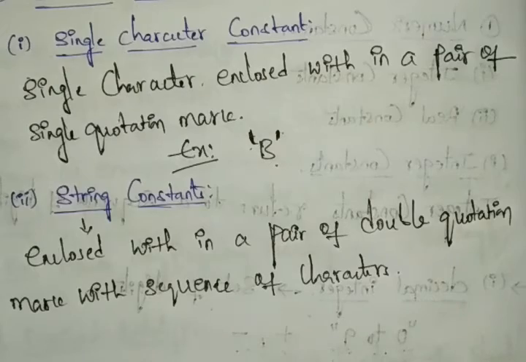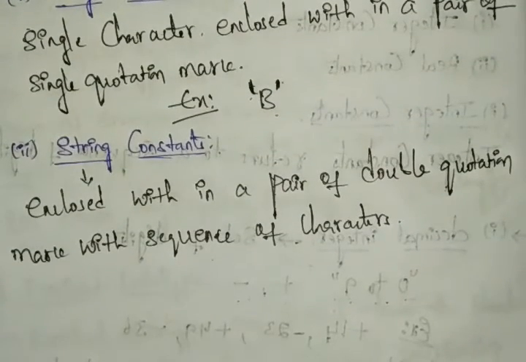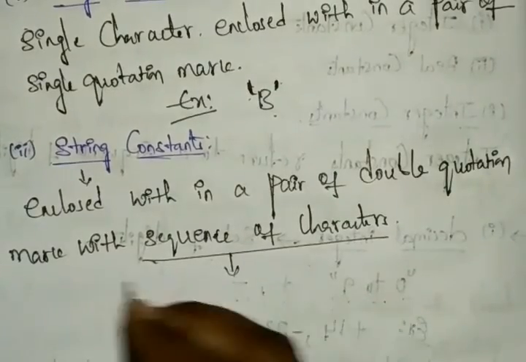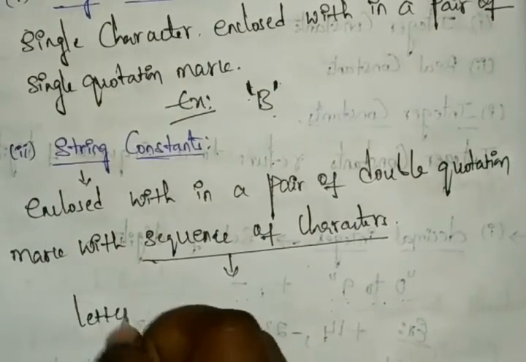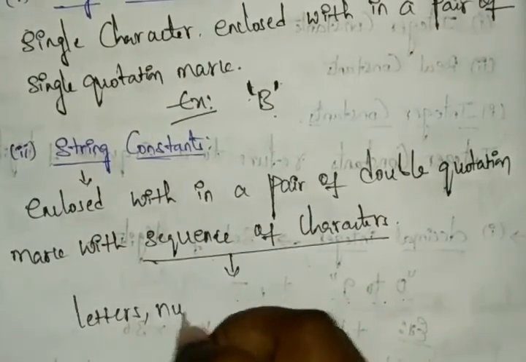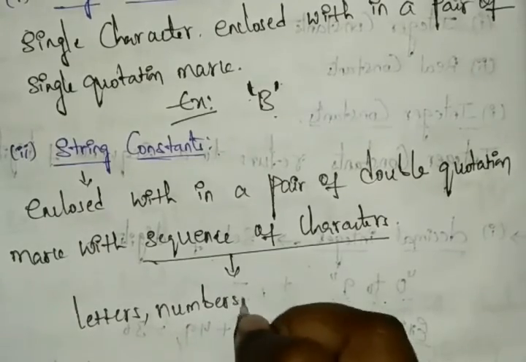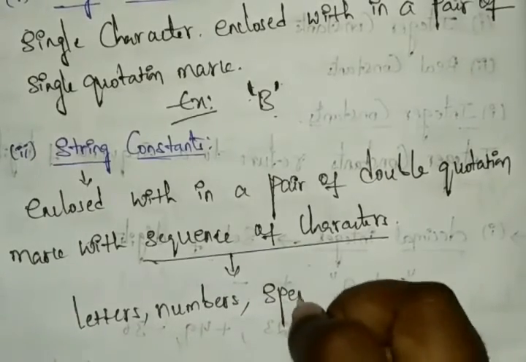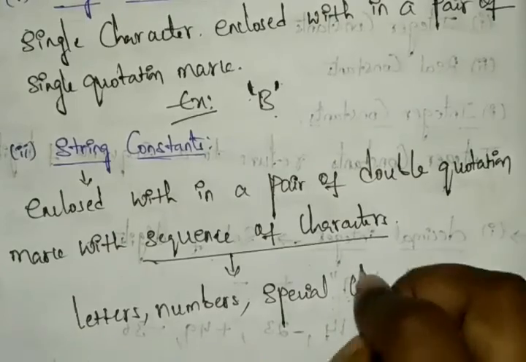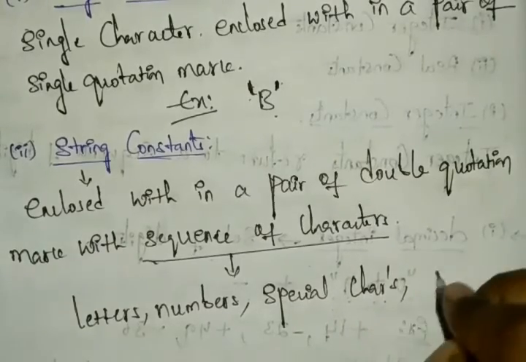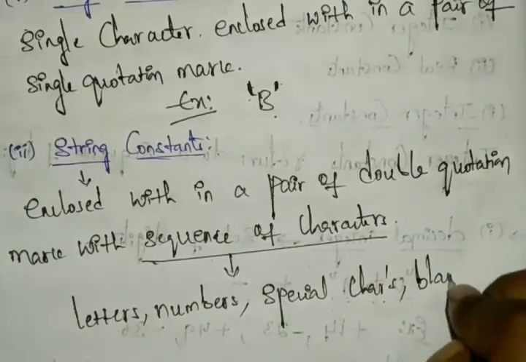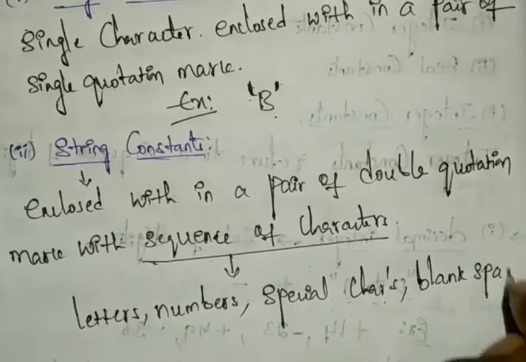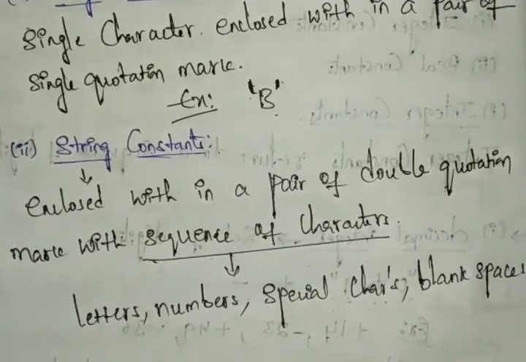Whatever sequence of characters you have, it may be letters, or numbers, or any special characters. You can mention any special characters. Sometimes blank spaces also, anything you can mention in this.